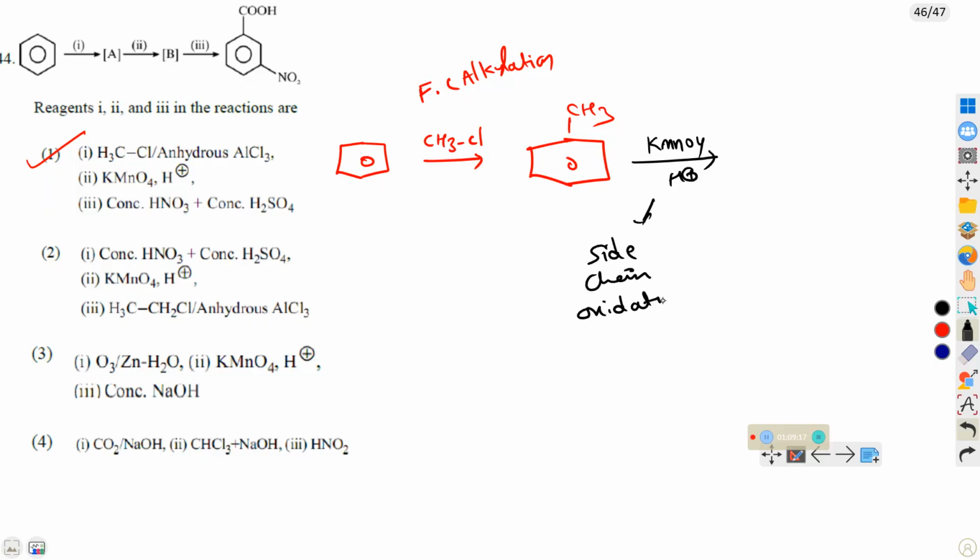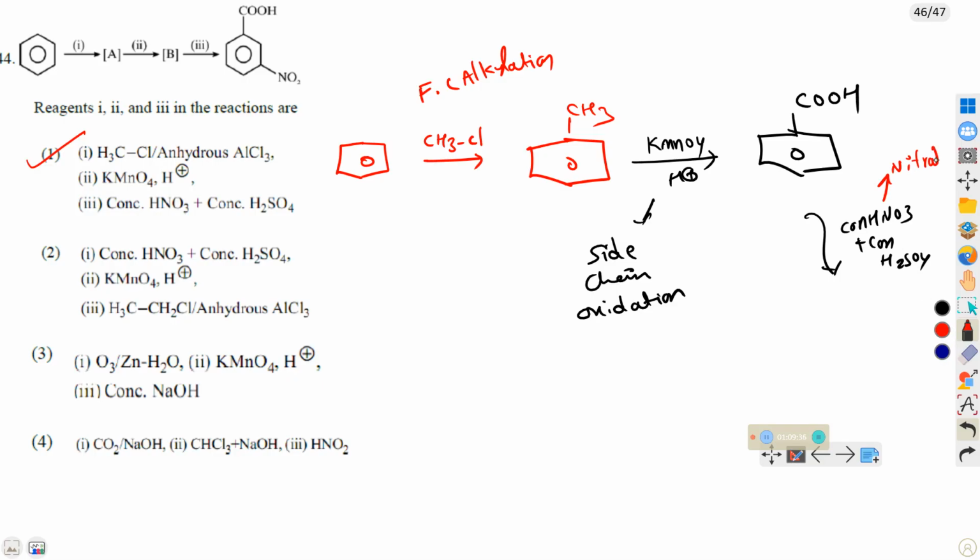Irrespective of carbon chain length, then it gives carboxylic acid. Now carboxylic acid reacts with concentrated HNO3 plus concentrated H2SO4. Nitration takes place. COOH group is electron withdrawing group, so it gives meta product.